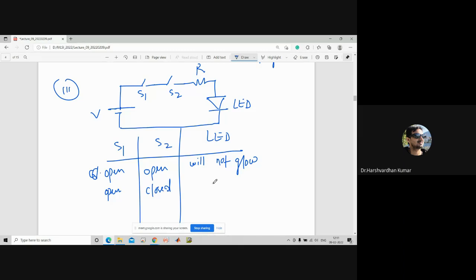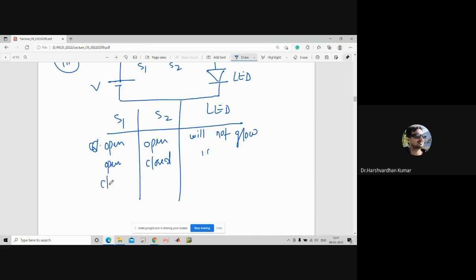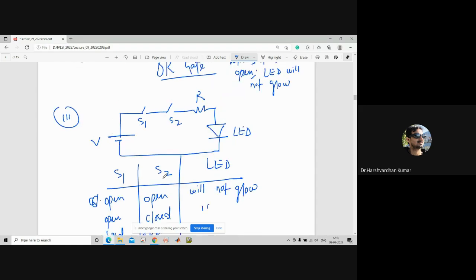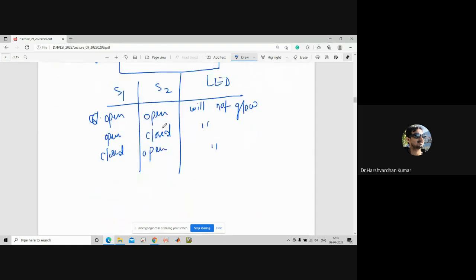What will happen in that case? Again, it will not glow. Now S1 is closed and S2 is open. Again, it will not glow, right? Because the circuit is not completing. Now both the switches are closed. It means the LED will glow.